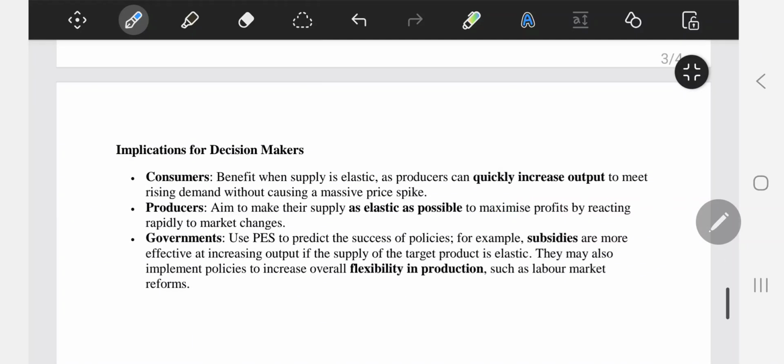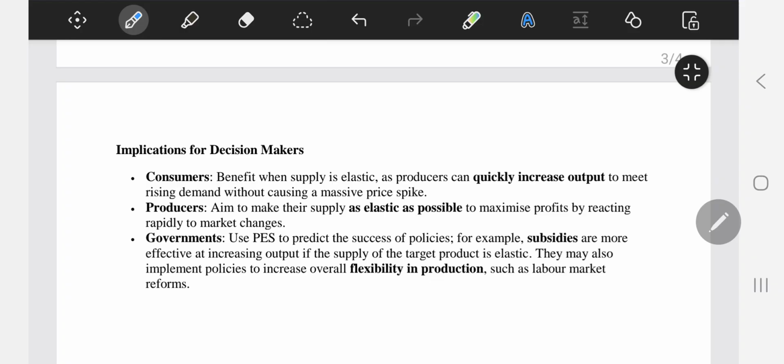All right, so who is price elasticity of supply important to? First, it's important to consumers, because if supply is price elastic, then producers can quickly increase output, which is going to meet demand.